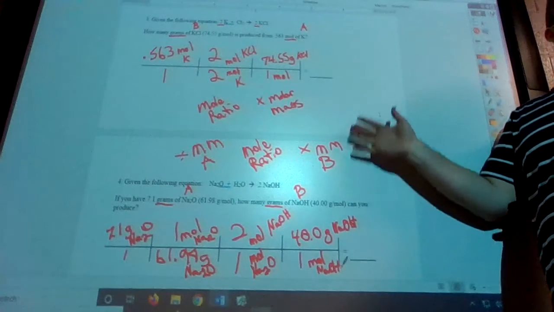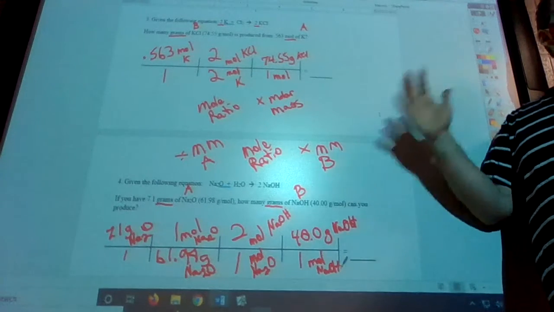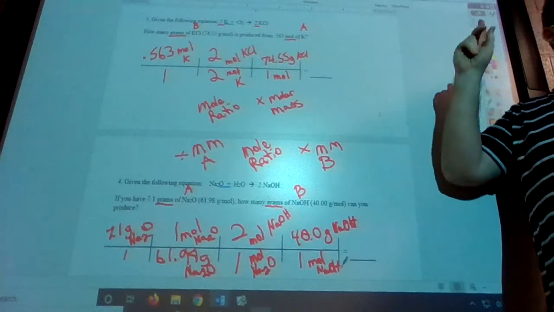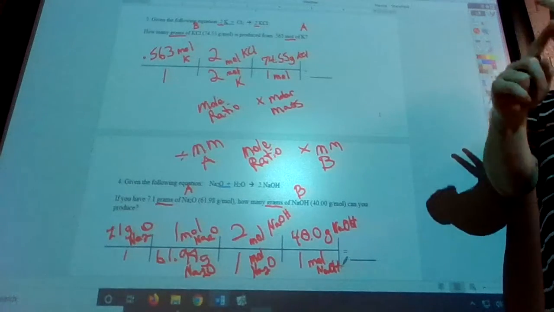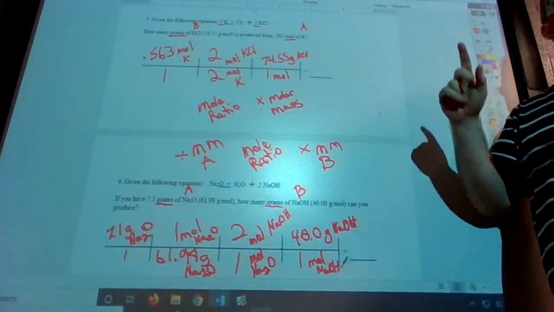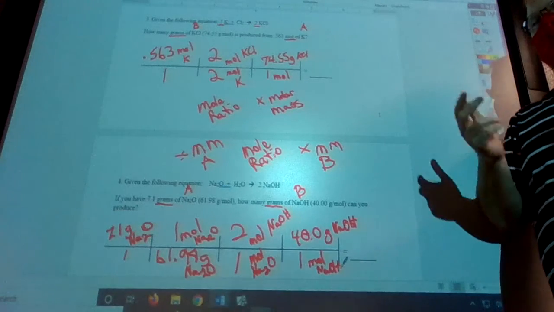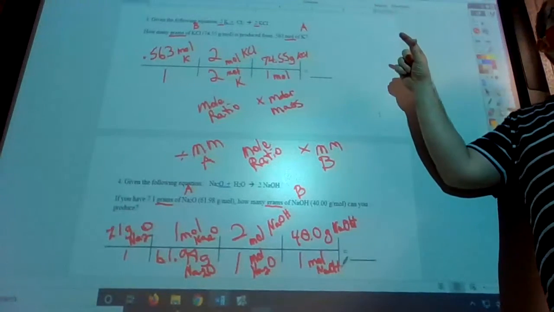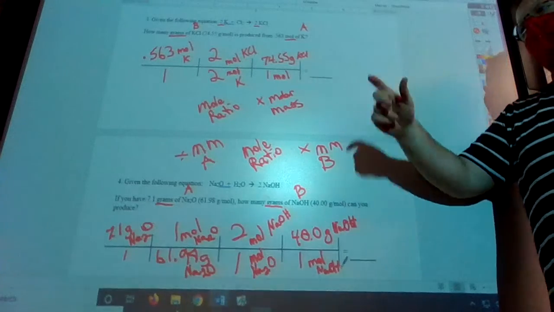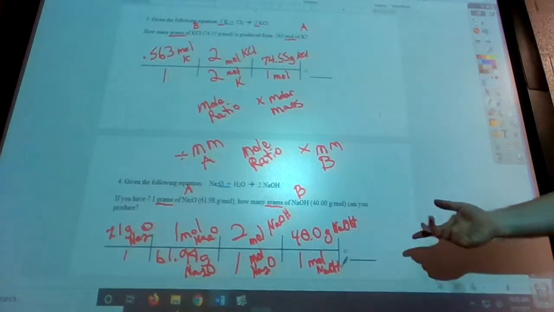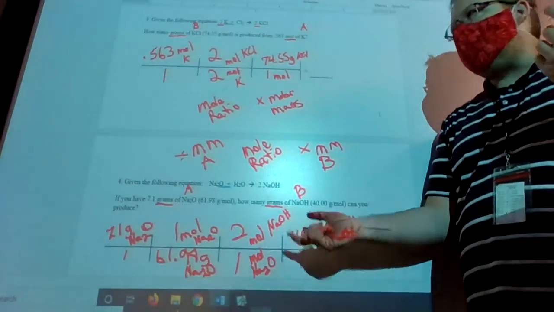And so hopefully this has kind of simplified things a little bit. If you break it down, you got to know what's my A chemical, what's my B chemical, what's my starting point, what's my ending point. Am I starting at moles, ending at grams, or what? Trace that out on your flow chart and find out how many conversion factors you need.